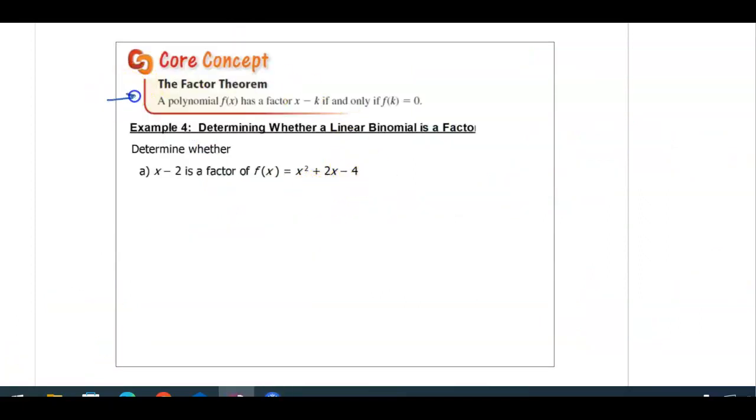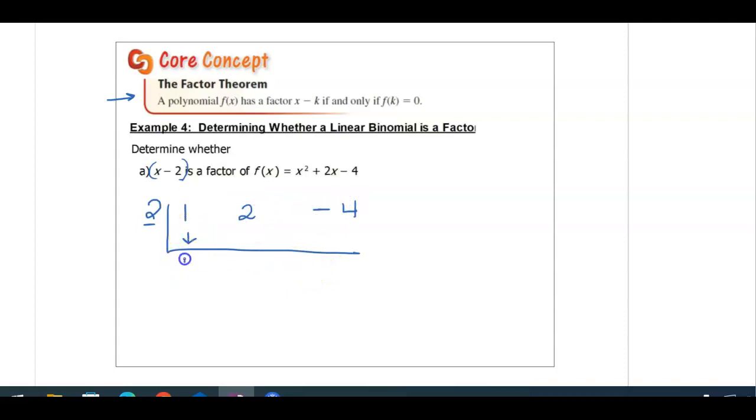We have this theorem here, and it says x minus k is a factor if and only if f of k equals 0, which should make sense. We have no remainder if it's a factor. To find out if x minus 2 is a factor, once again we're going to use synthetic division. If x minus 2 is a factor, that means our 0 would be 2. So we put 2 out front, and then the coefficients: 1, 2, and negative 4.